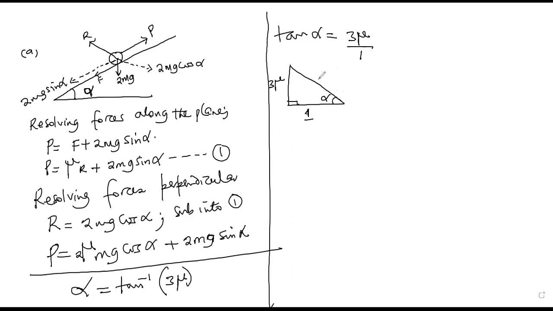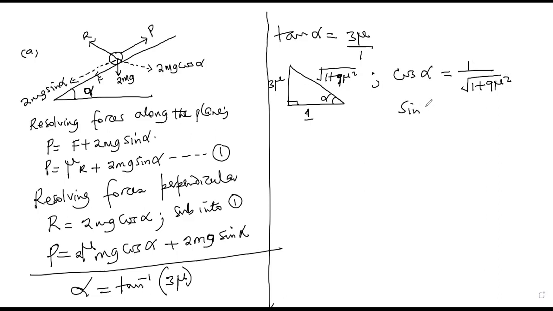If I need this side, it will be this squared plus this squared under root, which is the square root of 1 plus 9 mu squared. Implying that cos alpha is equal to adjacent over hypotenuse, which is 1 over the square root of 1 plus 9 mu squared.